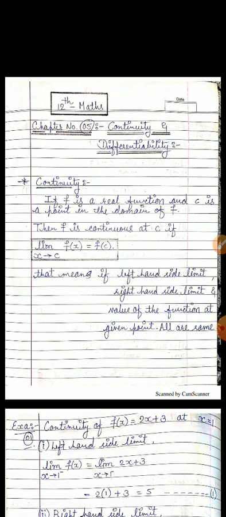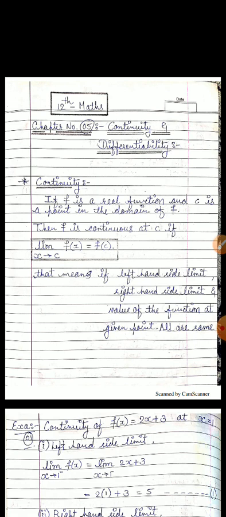So here in this chapter we need to find out whether the given function is continuous at that given point or not, or sometimes a whole set will also be given to you and we need to check whether the function is continuous on that particular set or not.